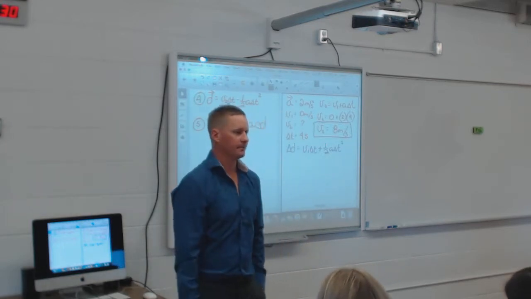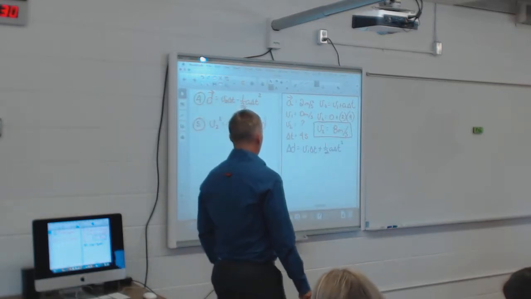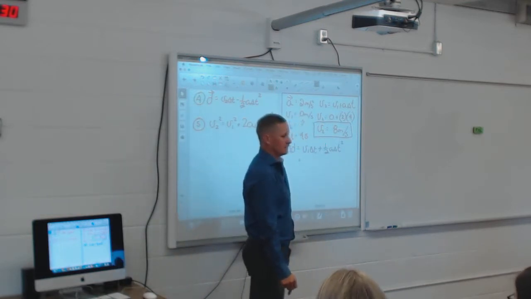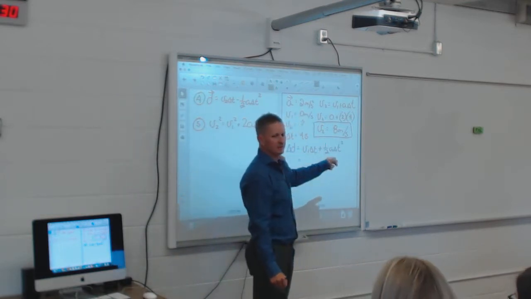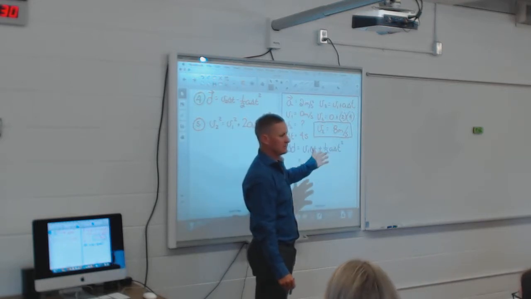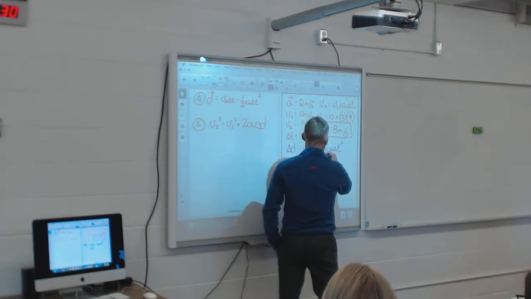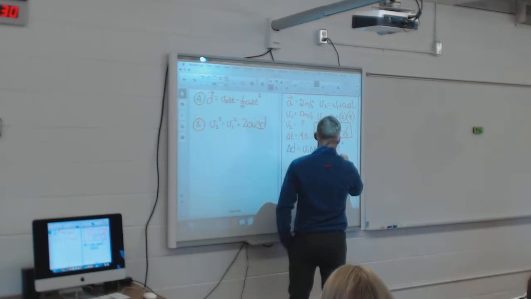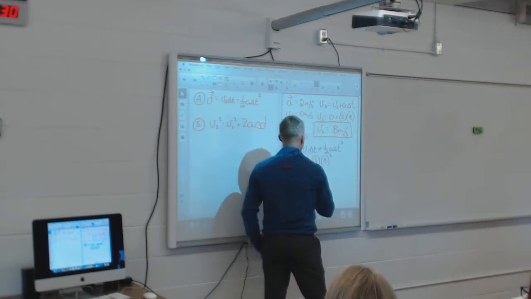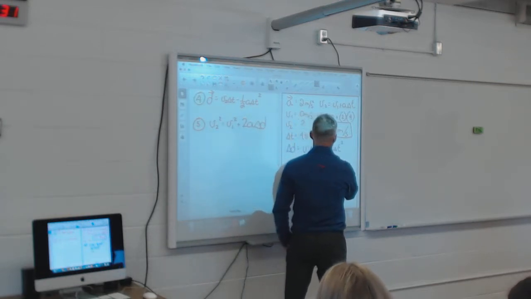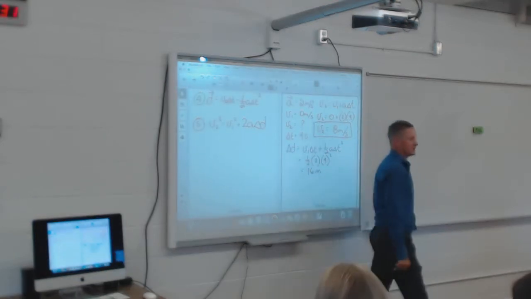Good so far? What's V1? 0. So 0 times T is 0. So I don't even put it in there. 1/2 times 2 times 4 squared equals, how far did it go? 16 meters.